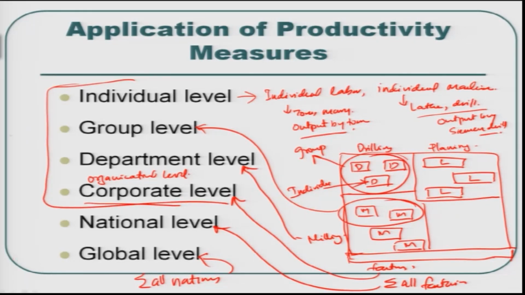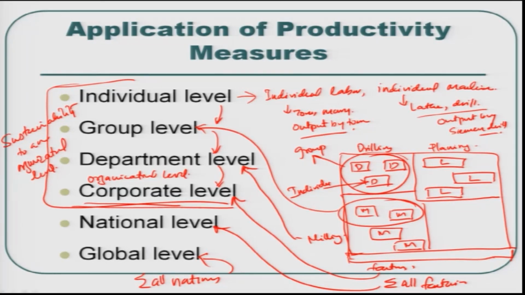We try to see sustainability at the organization level. So we start from the individual level, we move to group, from group to department, department to corporate, and we stop there as part of this course. We don't take it any further.